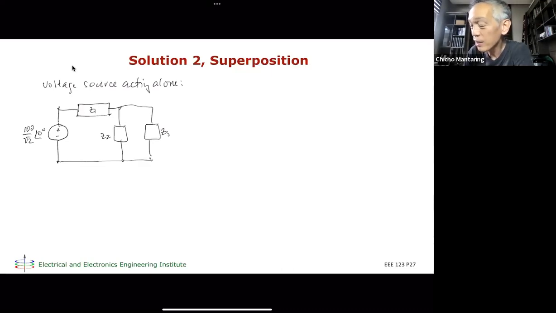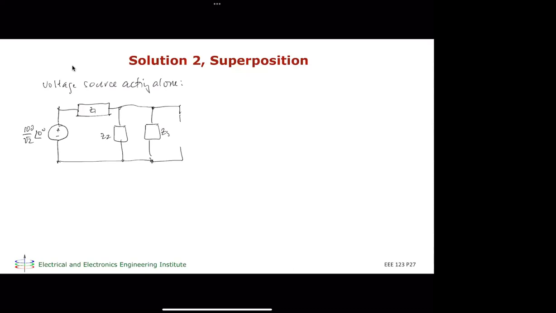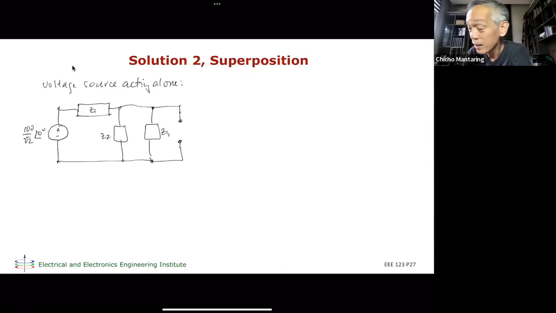Okay, what happens to the current source when we want the voltage source acting alone? It becomes an open circuit. Yes, our current source will be an open circuit. So now let's compute, let's call it IX1, the phasor IX1.